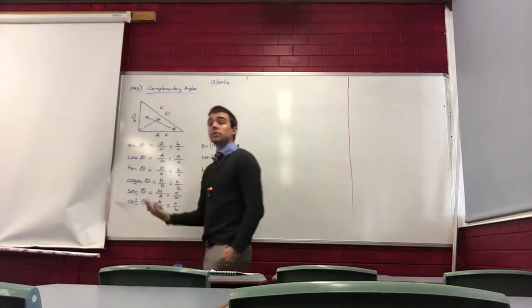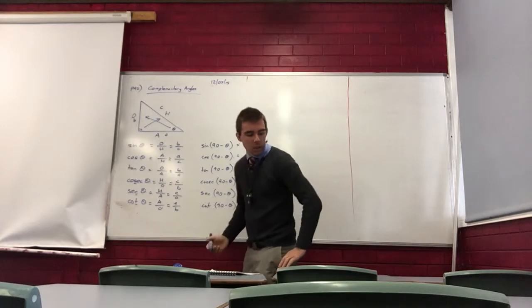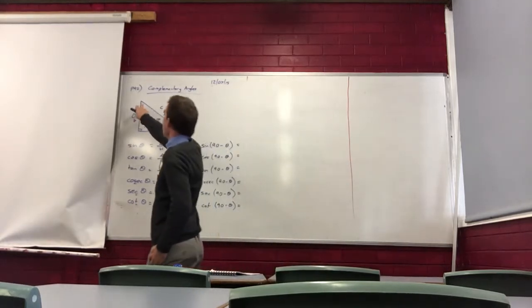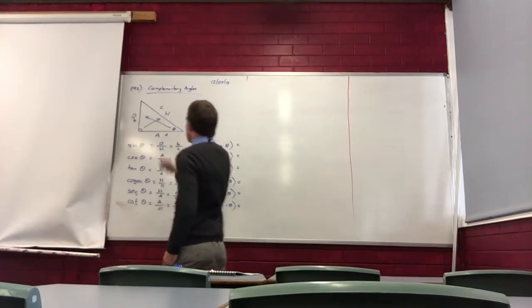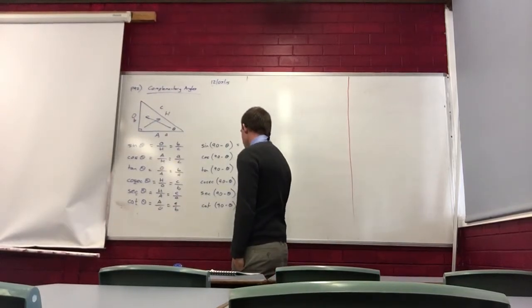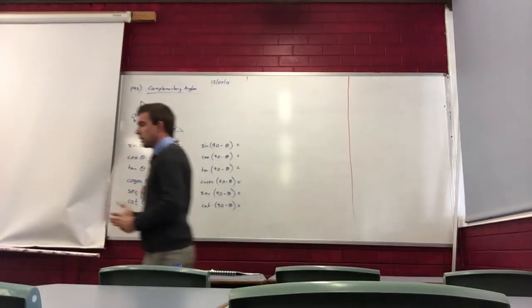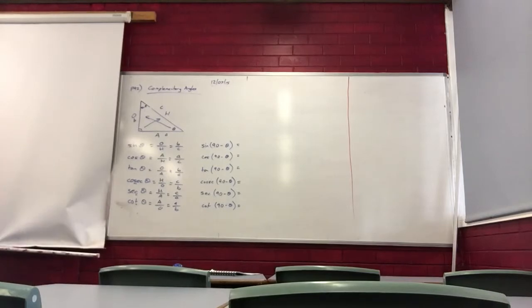We did our angle sum of triangles, so you've just done your geometry component of your exam. This angle value will be 180, take away 90, take away theta, and when we simplify that, it becomes 90 minus theta. Now we're going to keep those three variables there.